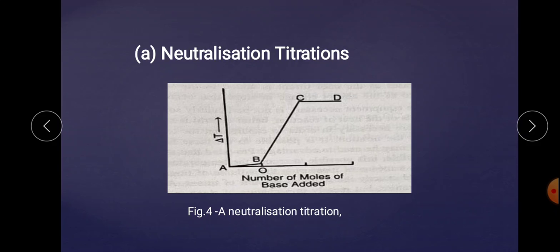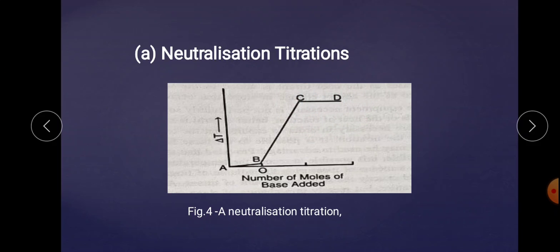Further, the heat change along CD arises due to heat of dilution and the difference in temperature that may exist between the titrant and the titrate. Because of heat of dilution and temperature differences between acid and base, this is the reason for the CD portion. So this is a basic neutralization titration, which can be identified on the basis of the thermometric titration method.